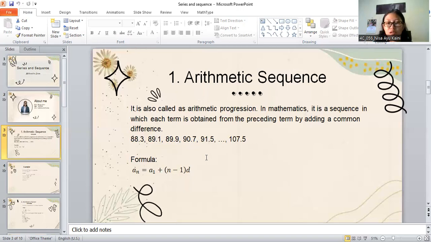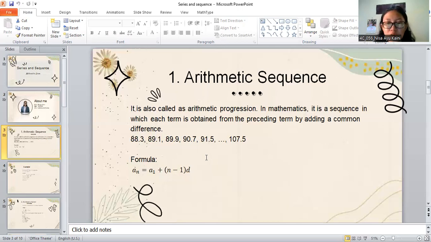Now, if you observe, the differences from the process that we used are the same, 0.x. At this point, we can say that the number pattern is an arithmetic sequence.